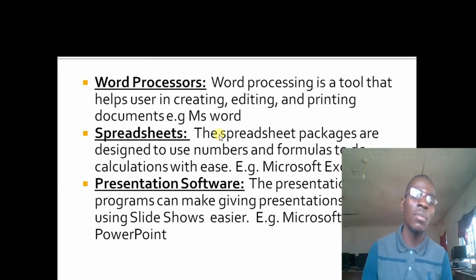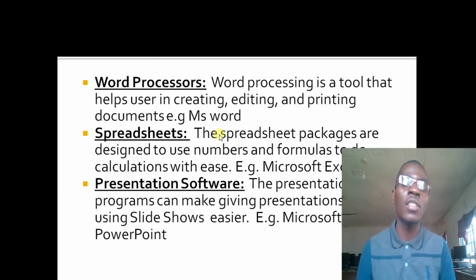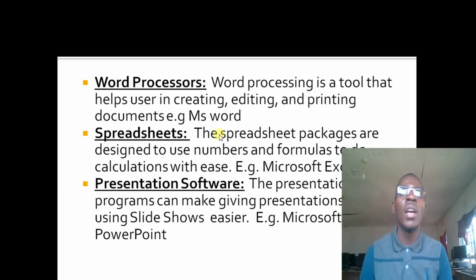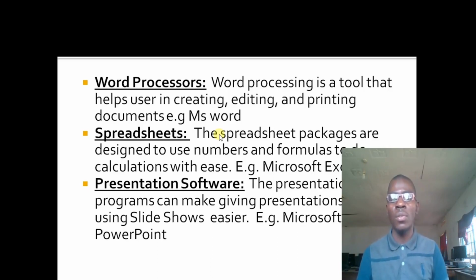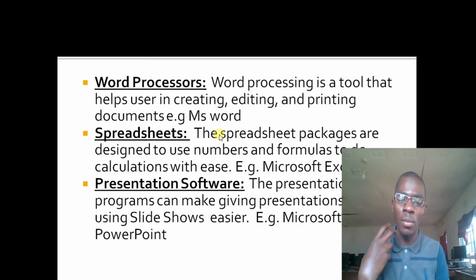Then another example of application software is spreadsheet or spreadsheets. Spreadsheets are application packages that are designed to use numbers and formulas to help in calculations. For example, when you're using Microsoft Excel, you type numbers, you can type formulas that will help you to get the results that you want.